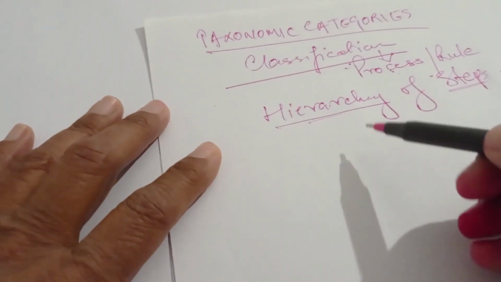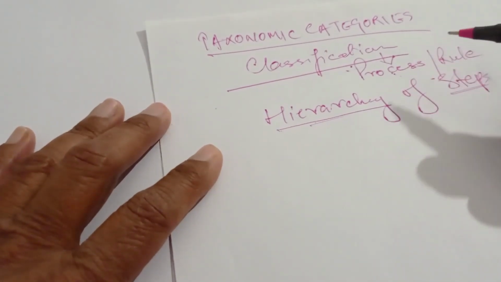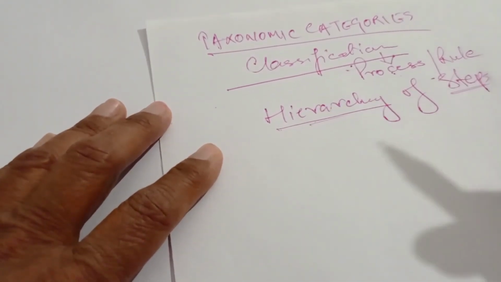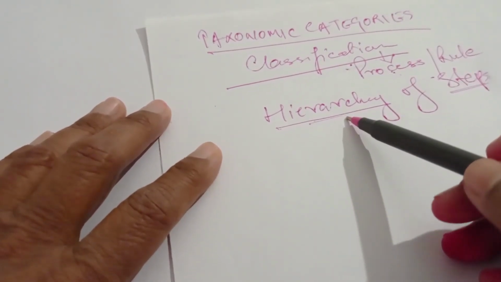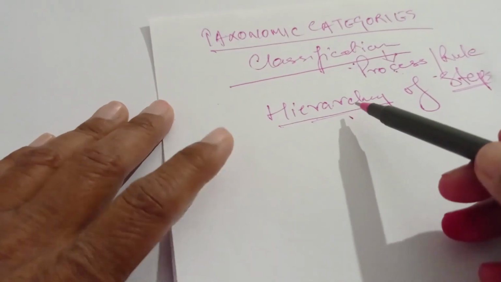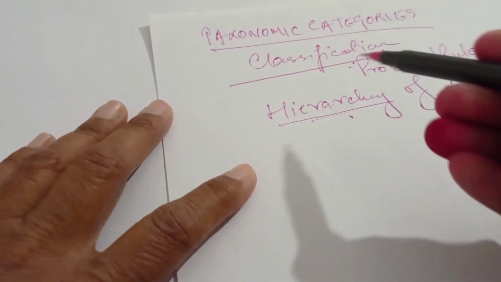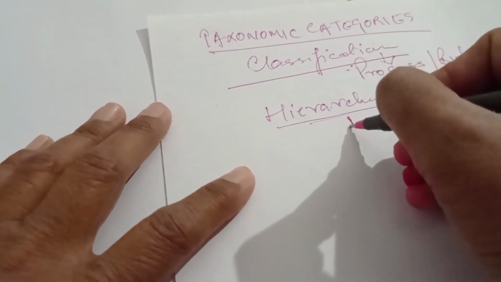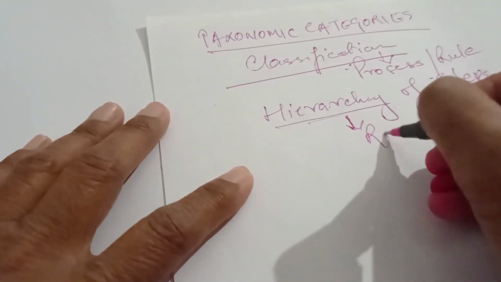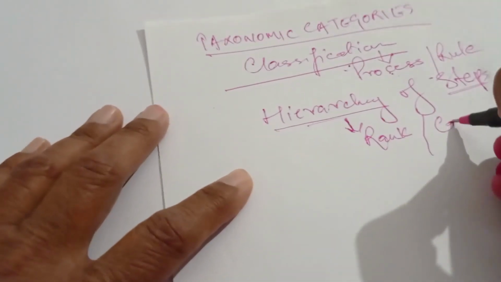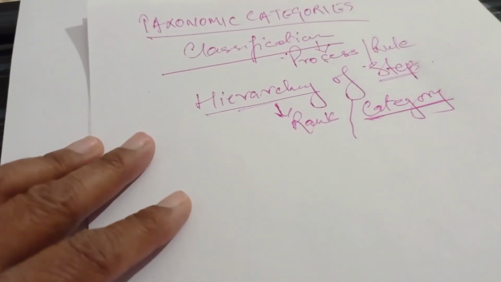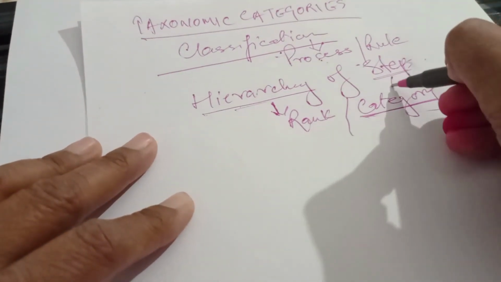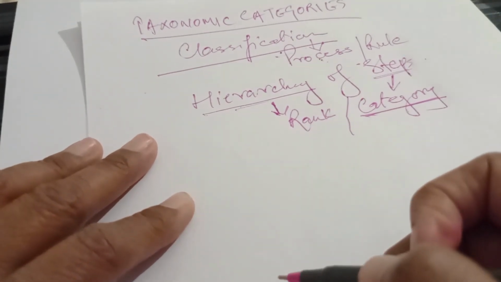And you should know the meaning of hierarchy. There is a ladder, a step by step procedure. So the procedure of classification involves a hierarchy of steps, and in this hierarchy, each step is a rank or category.